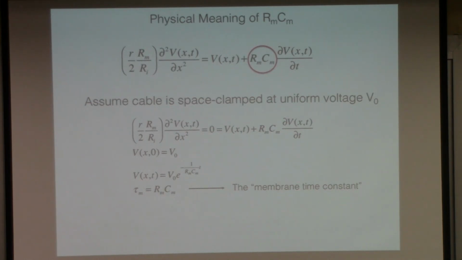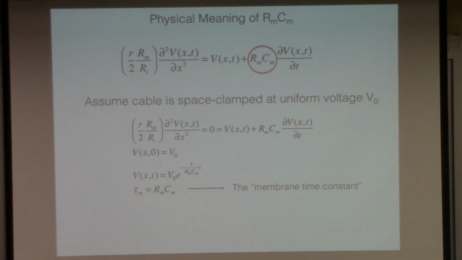And that RC circuit has a time constant of R times C. So this time constant is the rate at which voltage decays. That time at which potential decays by 2/3 of its initial value, that's the time constant.